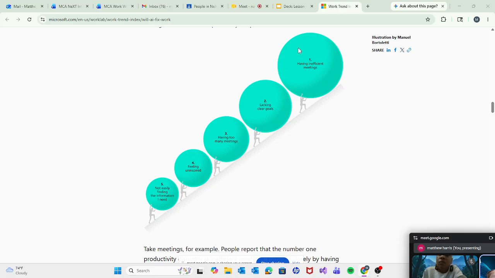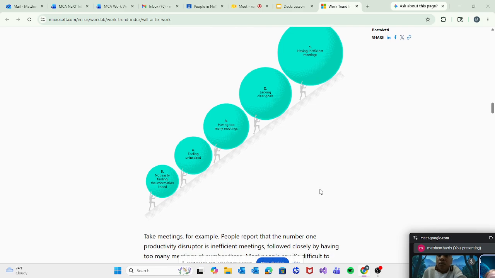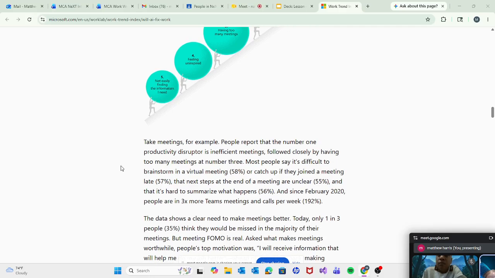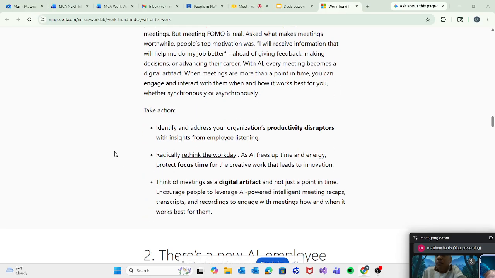One thing AI tools could do is summarize the meetings if somebody wasn't there, and track the agenda and all that, so somebody can make sure they didn't miss key details or something somebody mentioned at one specific point. Lacking clear goals, having too many meetings, feeling uninspired, and not easily finding the information that I need. Those are the main obstacles that people were facing in their work.